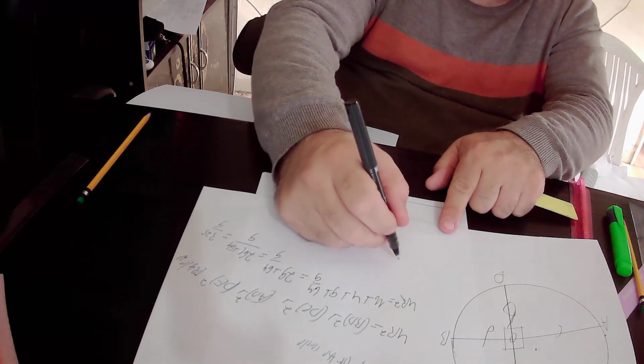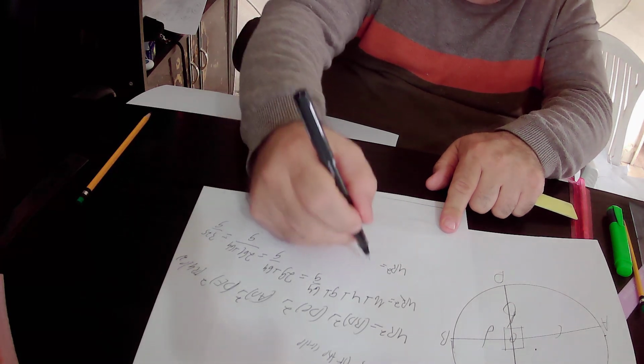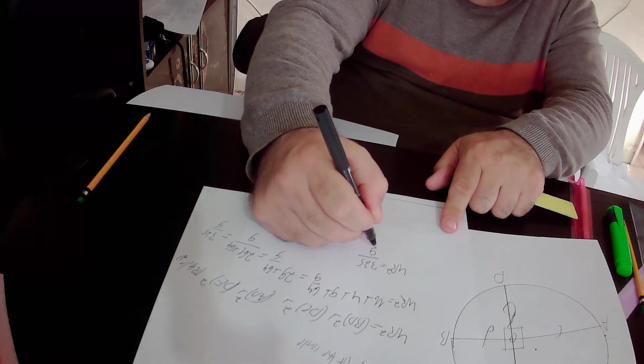So in conclusion, we found out that 4r squared equals 325 over 9.